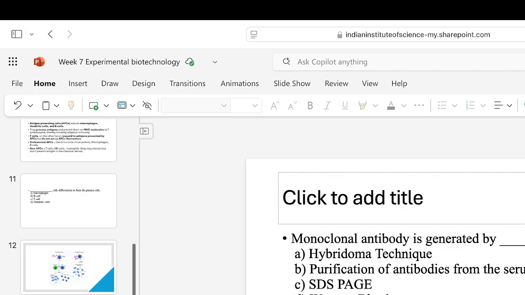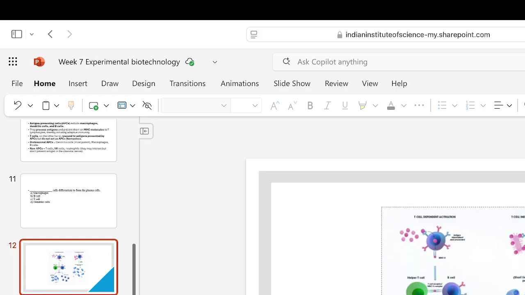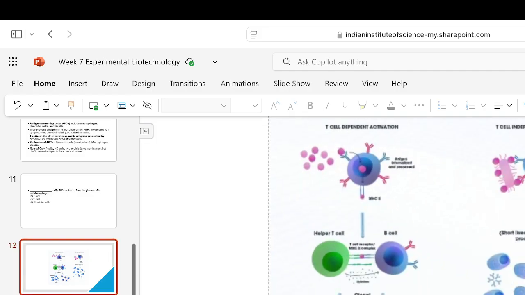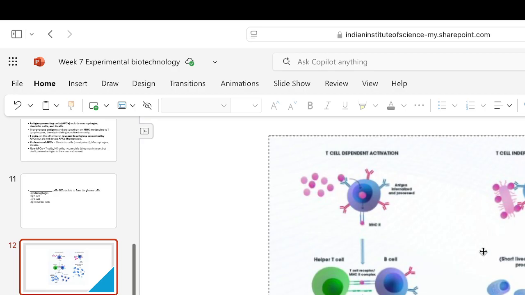That is called monoclonal, as we see from the figure here. What you see here is a very small fragment that is being presented, and that creates the formation of antibodies.